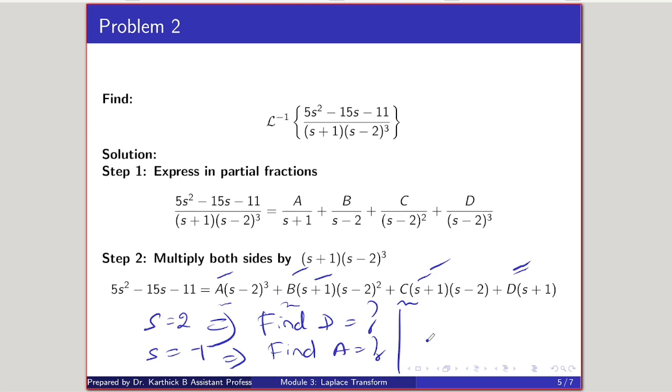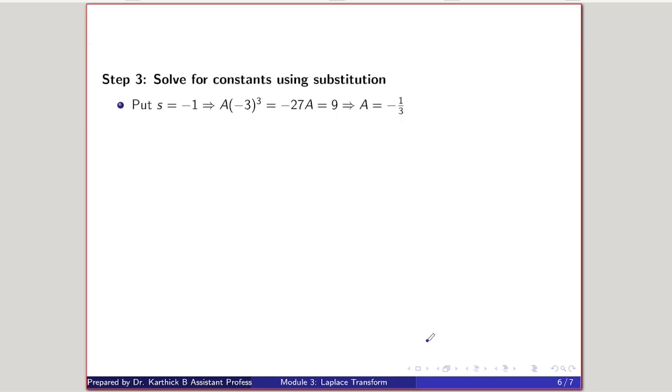Then you can assume s equal to 0, or else we may equate the quadratic terms. First, we find these values. For s equal to minus 1, the value of A will be minus 1/3.